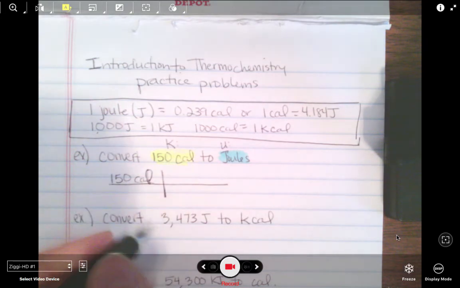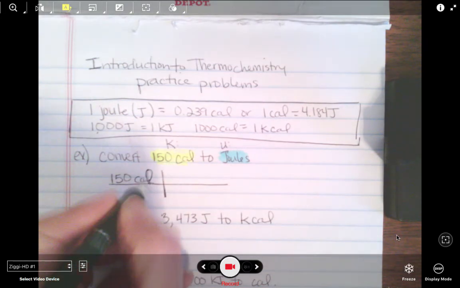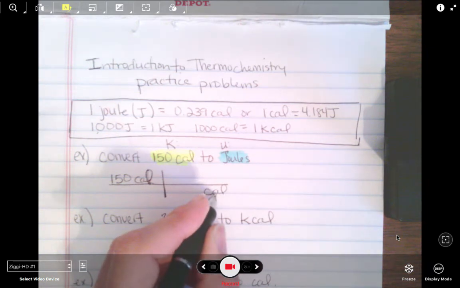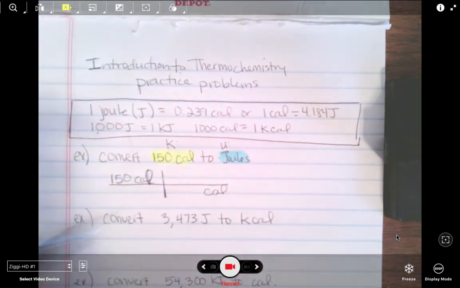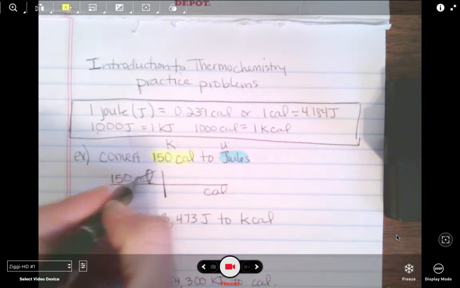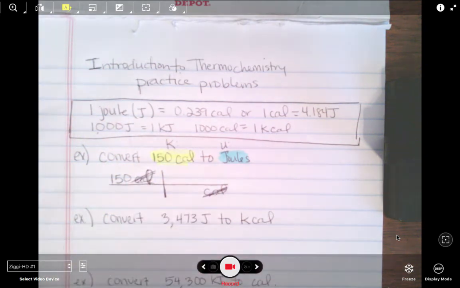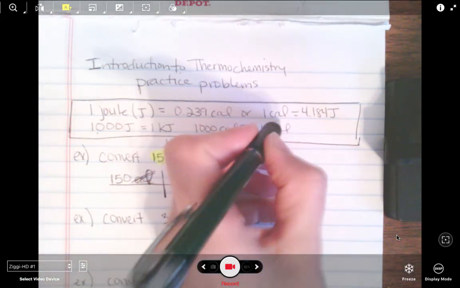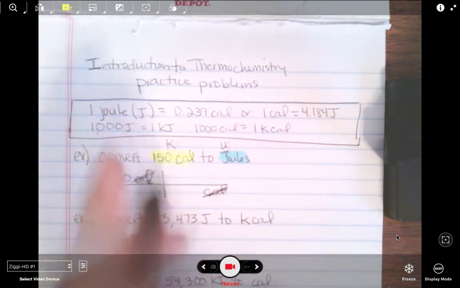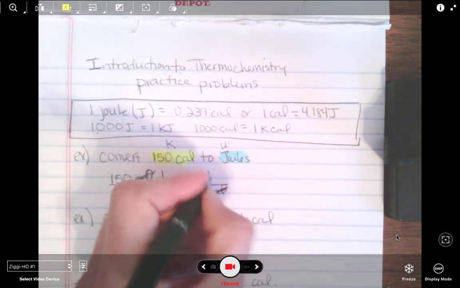So I want to put the word cal down in the denominator of the next T section. The reason is that if you have a unit in the numerator and the same unit in the denominator, they cancel out. I know that I can use this conversion, 1 cal equals 4.184 joules. So you put the opposite unit on the opposite side of the T, like this.